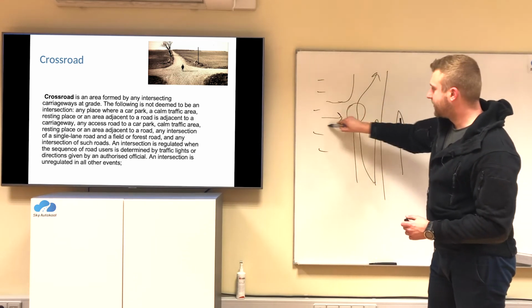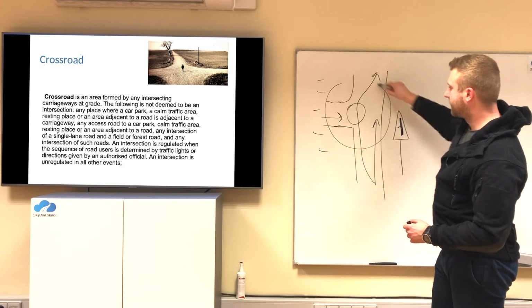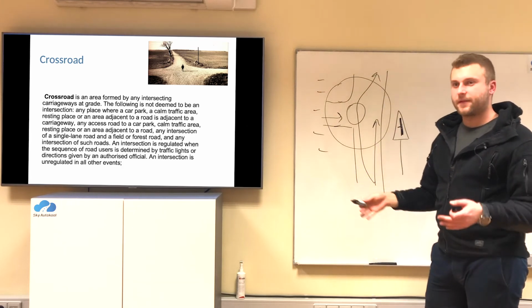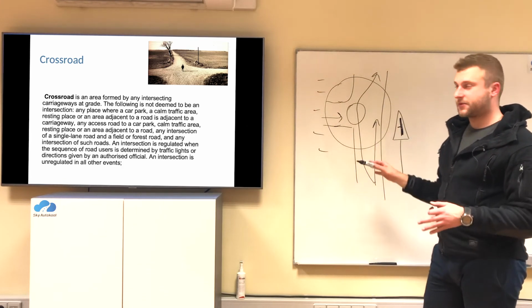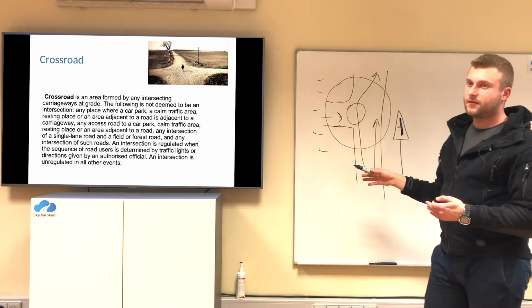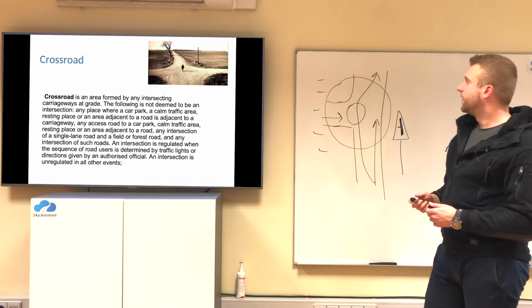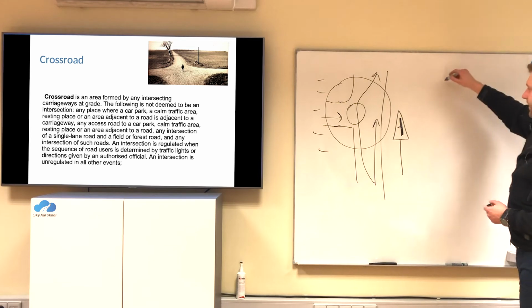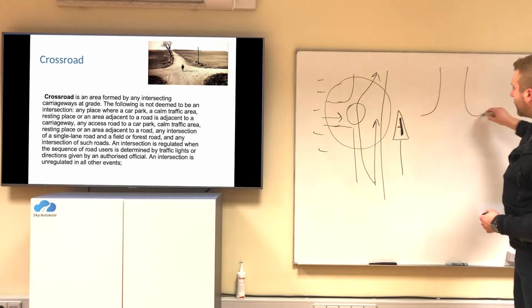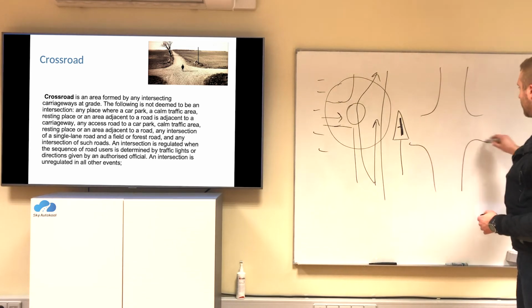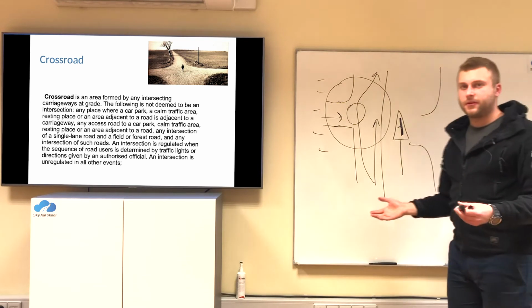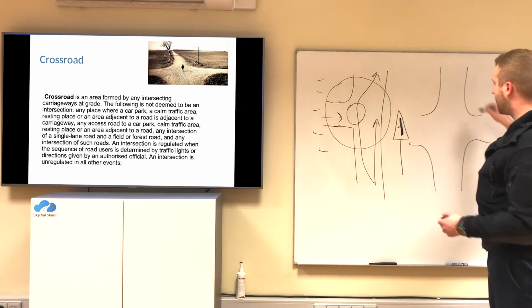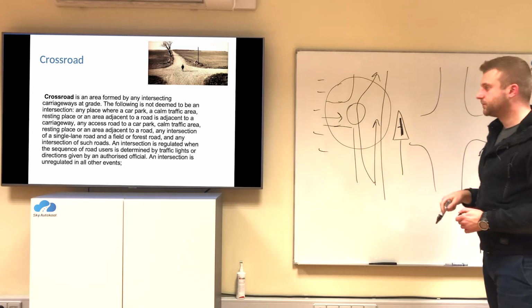And this intersection, I mean this one, is not a crossroad by the Traffic Act. It's not a crossroad, it's just an intersection, let's say. Crossroad is only this, where all the roads are paved, for example, and they're all for car moving.